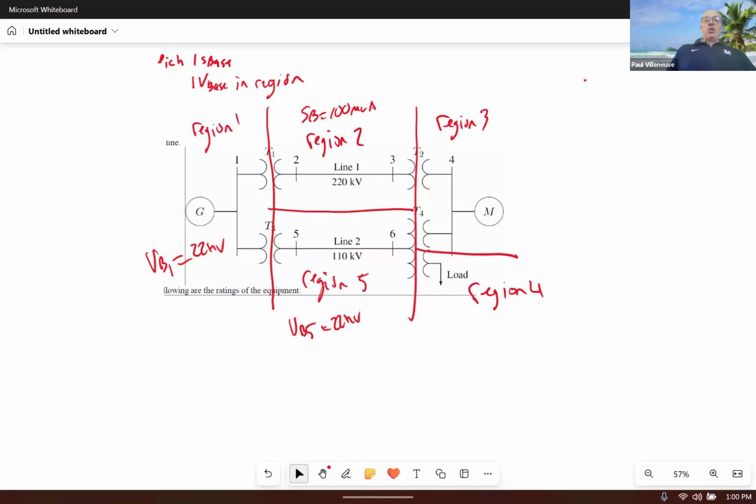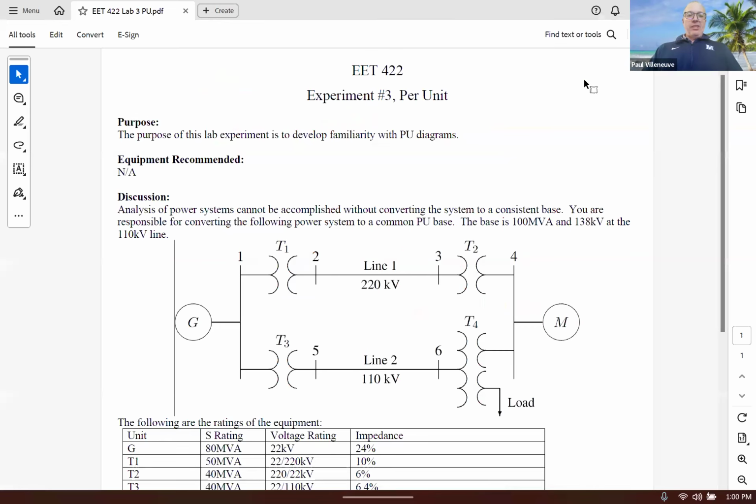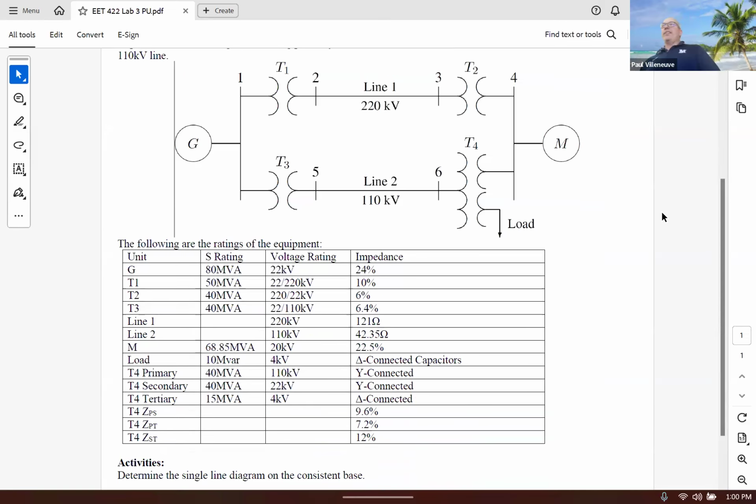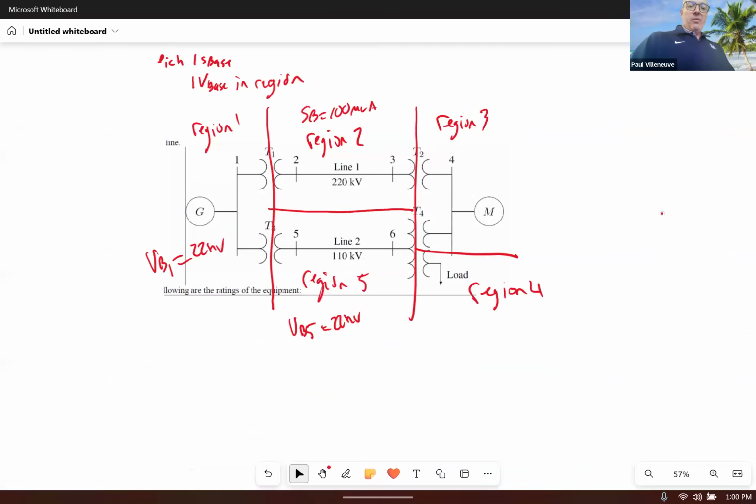And then we multiply it by the turns ratio associated with T3, because T3 transfers that base voltage from region 1 to region 5. So that goes from 22 to 110. So this right here is going to be 110 over 22. So this equals 110 kV.